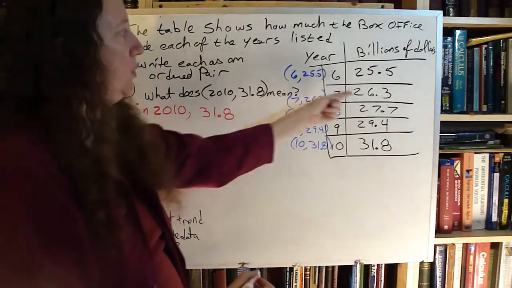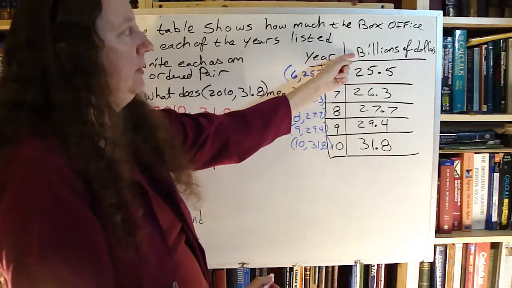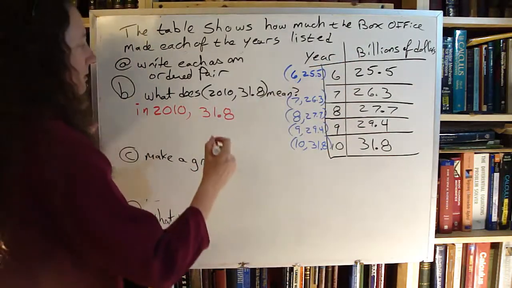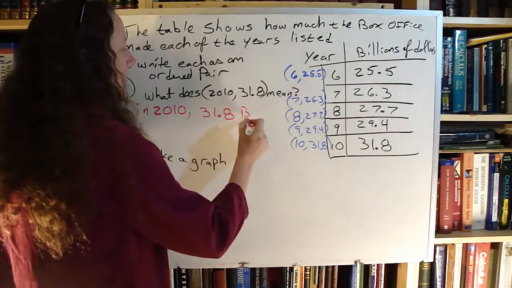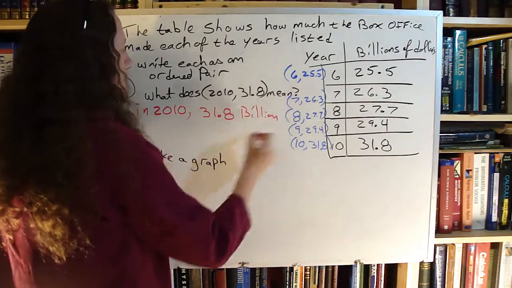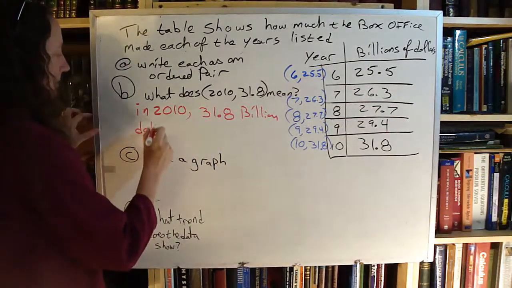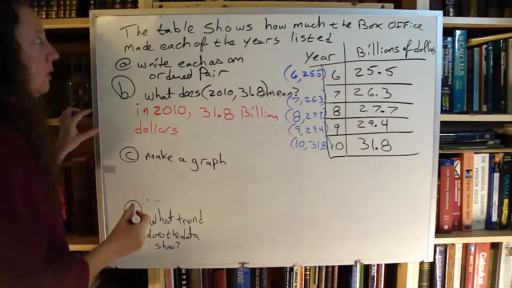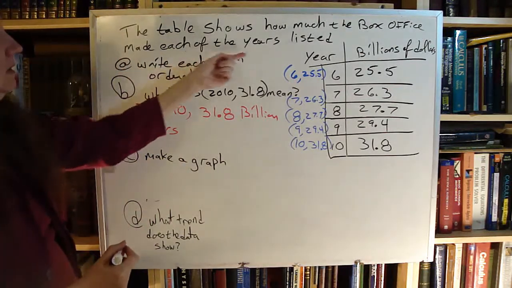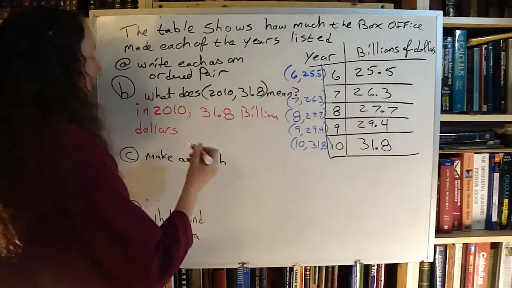What does the 31.8 mean? Billions of dollars. So $31.8 billion were made at the box office.